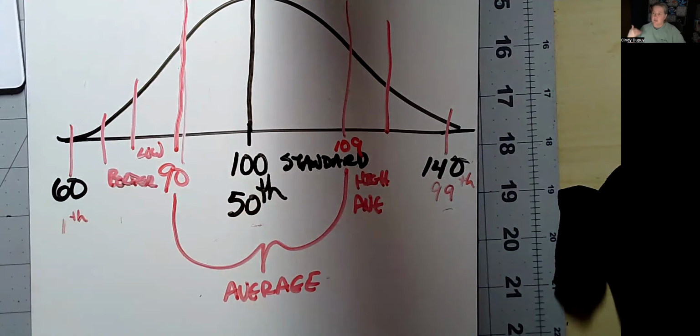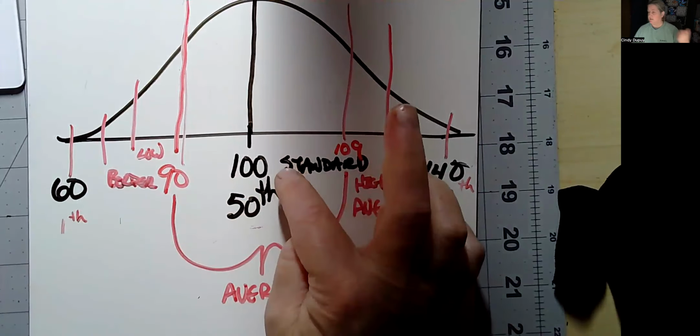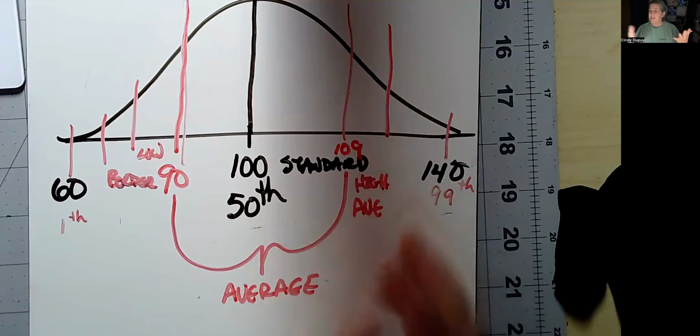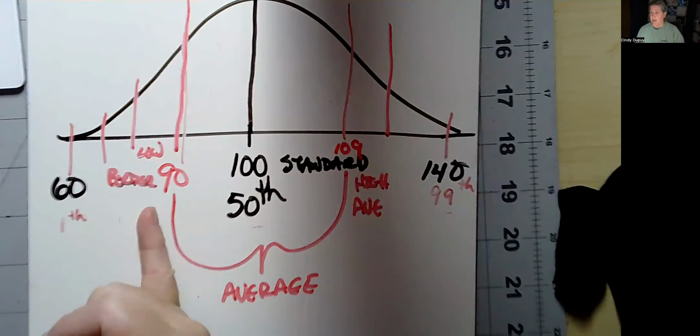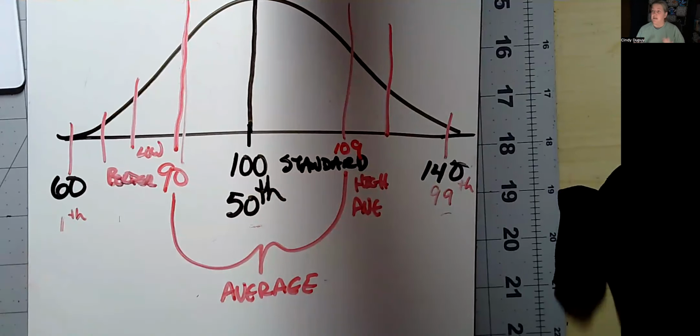And those descriptors tell me as a clinician where the score band is, but it's really not so much for me because I 100% understand this metric of 100. It's more to give you as a parent an idea of what that means. And when your student is scoring in the borderline or the extremely low range, man, that's a flag that there's something really affecting their ability to learn.